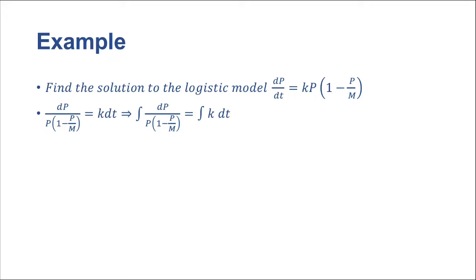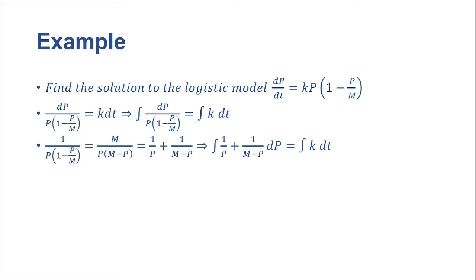So we get the integral of dP over P times 1 minus P over M equals the integral of k dt. Now this integral looks a bit more tricky, so we are going to need to manipulate it so that we can solve it.